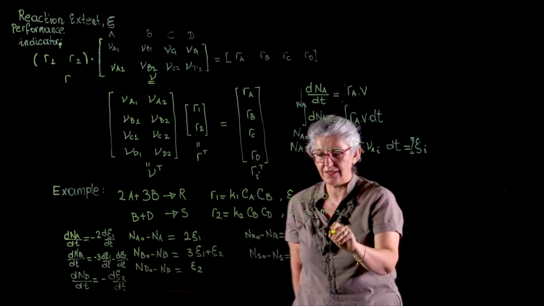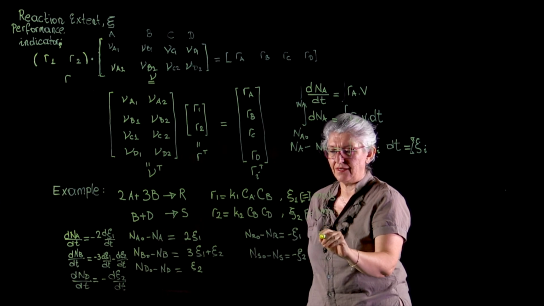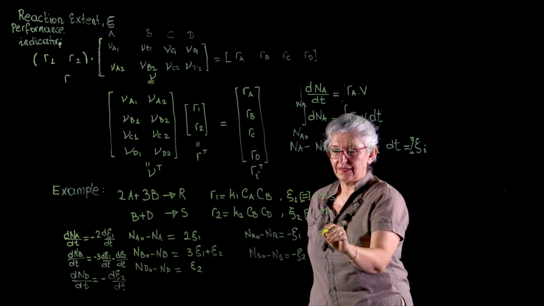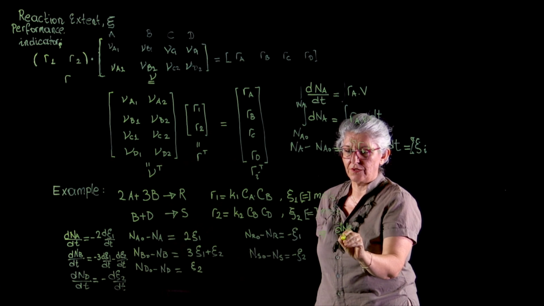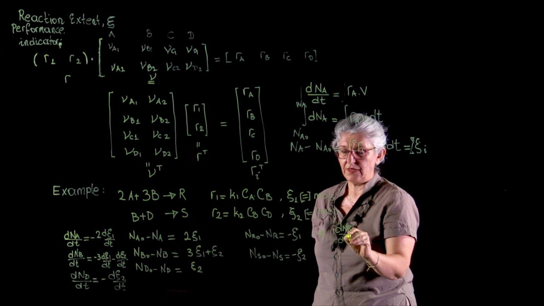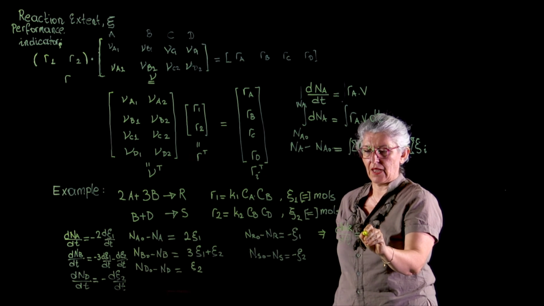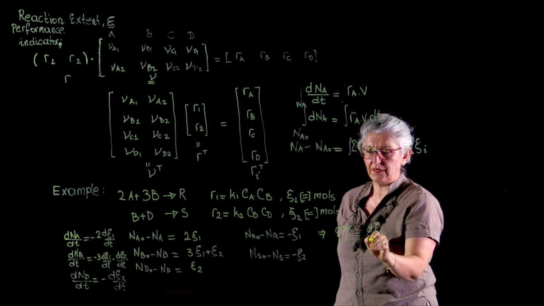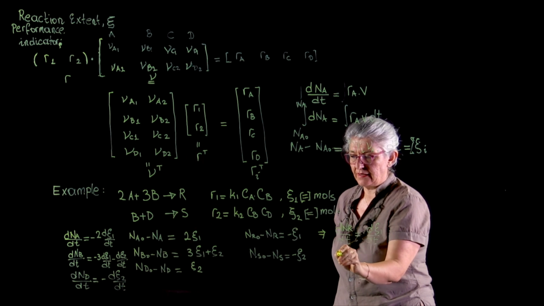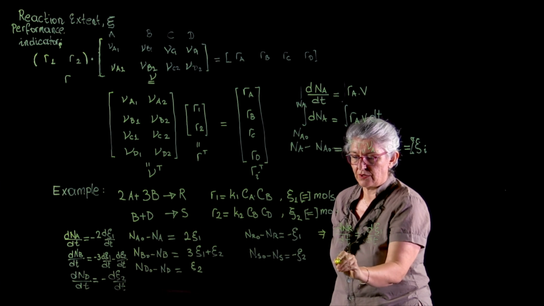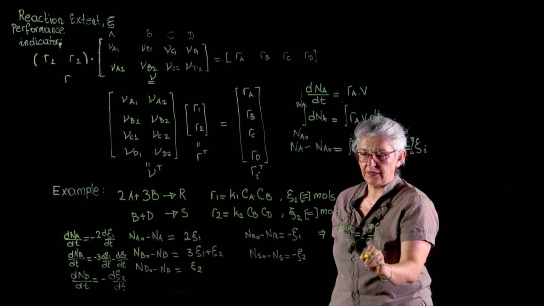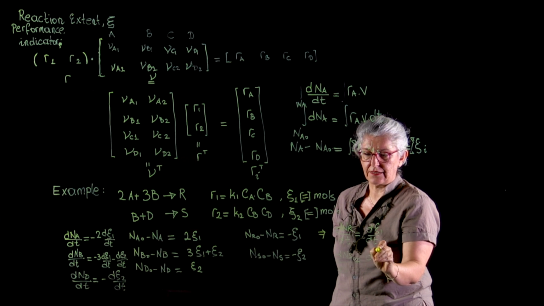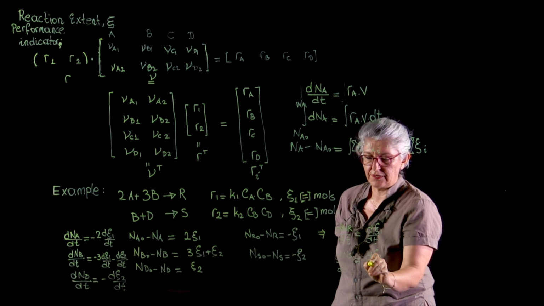So let us write the derivatives here as well. dNR over dt is going to be d Xi1 over dt, and dNS over dt will be equal to d Xi2 over dt.